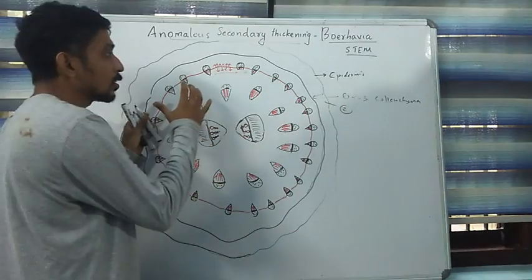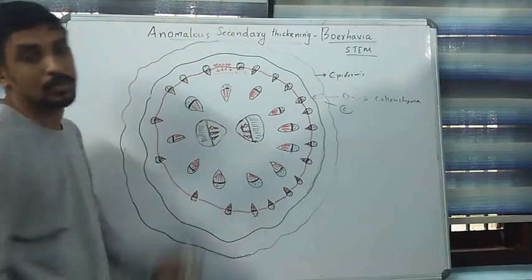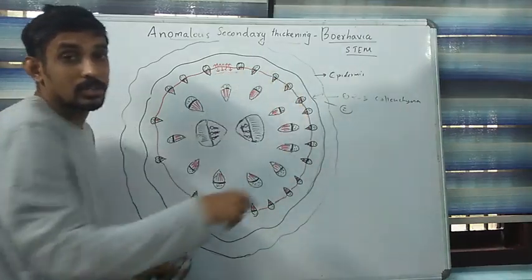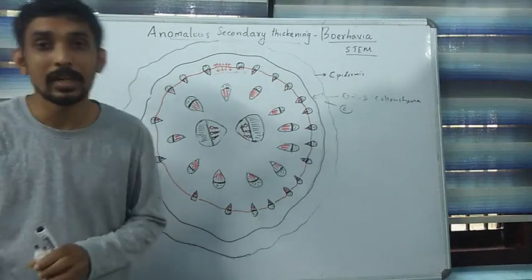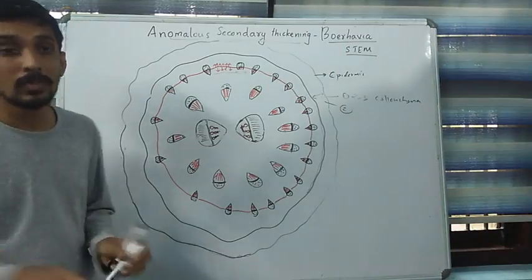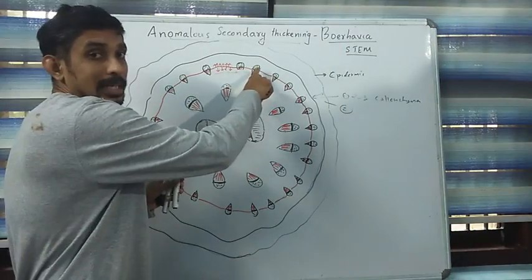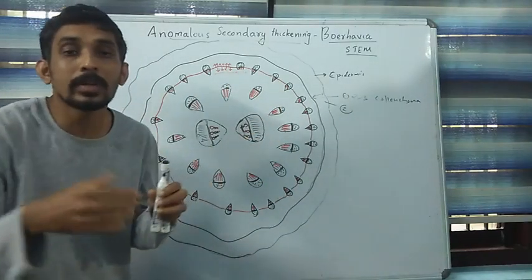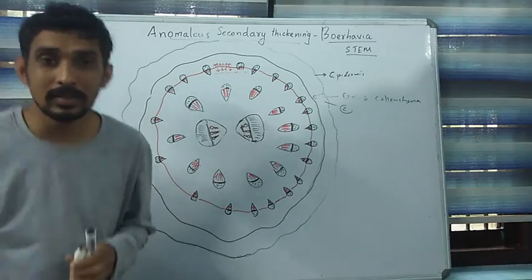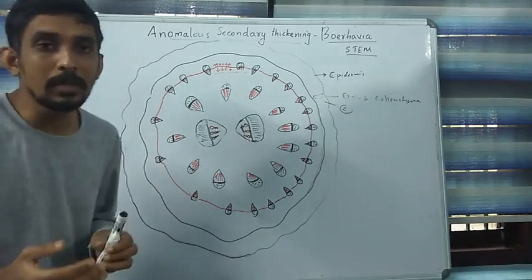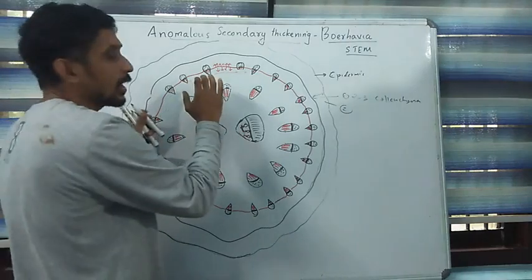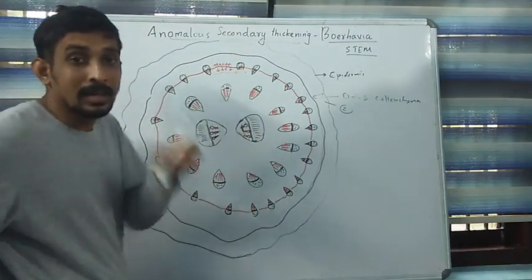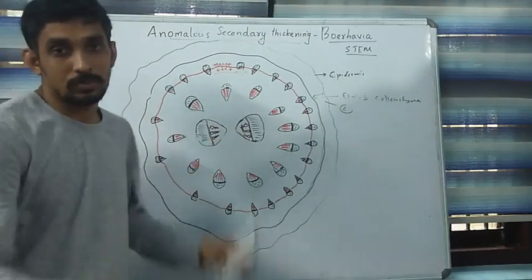And after a few months, the nature of this cambial ring is not like that of an ordinary dicot stem. Here the cambial activity, or division activity, of this whole cambium gradually diminishes. So after a particular period of time, this cambial ring cannot produce secondary xylem, secondary phloem, or conjunctive tissue.